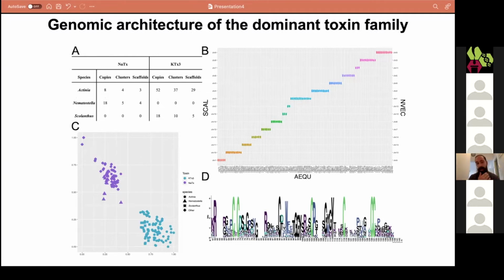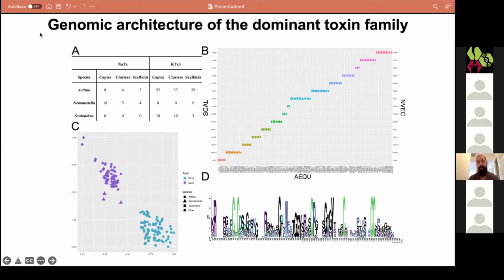In fact, the dominant toxin family has undergone the greatest expansion compared to all other toxin families, highlighting that the dominant toxin family dictates the venom phenotype, and that gene duplication is largely driving a family to become dominant. We also see that many of these copies are in a scaffold of tandemly duplicated sequences, and these tandemly duplicated sequences found within a cluster are often much more closely related to each other.